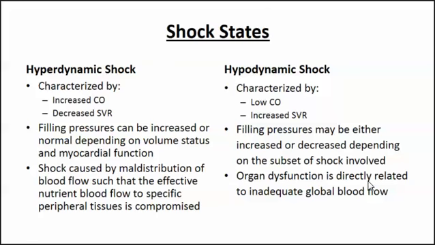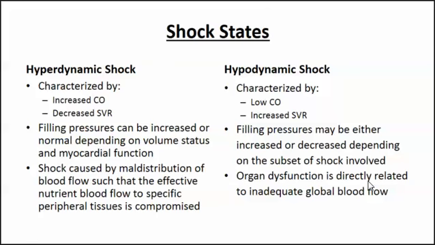The decrease in the afterload, the decrease in the systemic vascular resistance, is the underlying reason for the shock, and also increases cardiac output. Filling pressures can either be increased or normal depending on volume status, particularly in the early portion of distributive shock. The longer that goes on, depending on the underlying etiology, the fluid balance of the patient may be dramatically decreased.